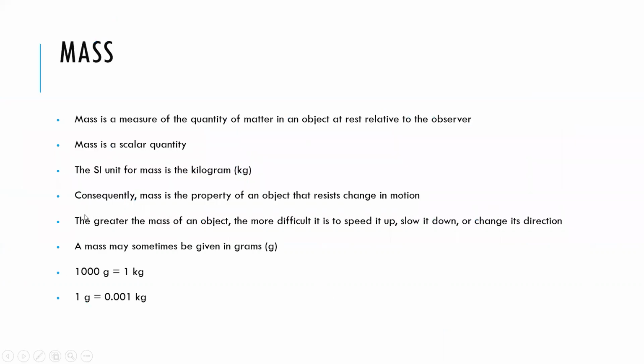So basically, what is mass? Mass is the measure of the quantity or the amount of matter which is present in an object at rest relative to the observer. This line is quite important when you are describing it in the exam: at rest relative to the observer, because the object should be at rest.